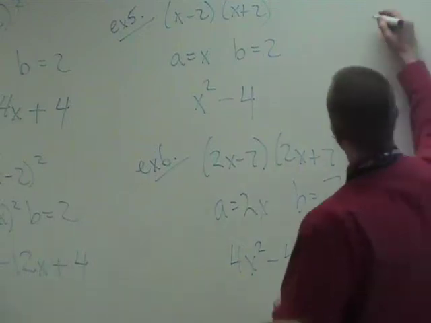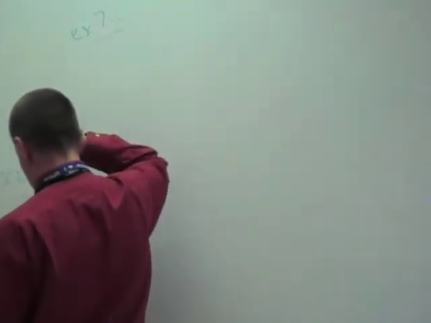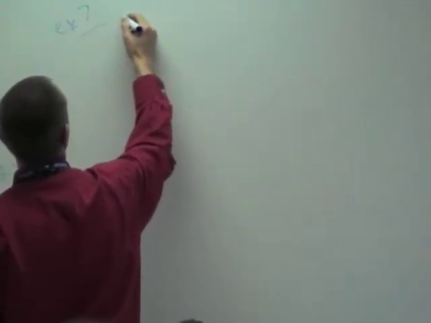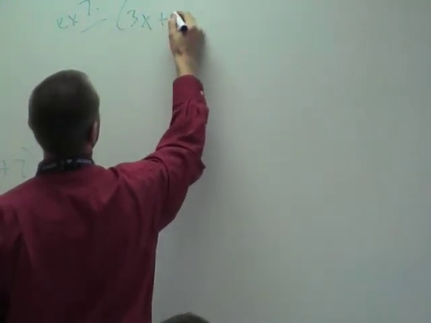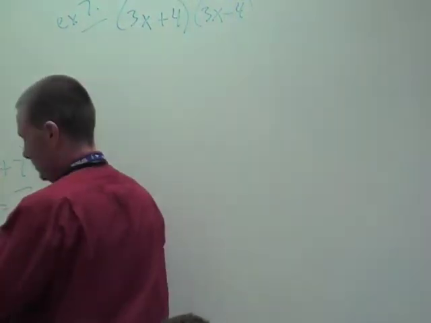Let's try this one. Example 7. I'll make another one up. 3x plus 4, 3x minus 4. Everybody, I'm going to wait a second for everybody else. Give everybody else a chance for the lights to come on. It's quicker for some people than others.